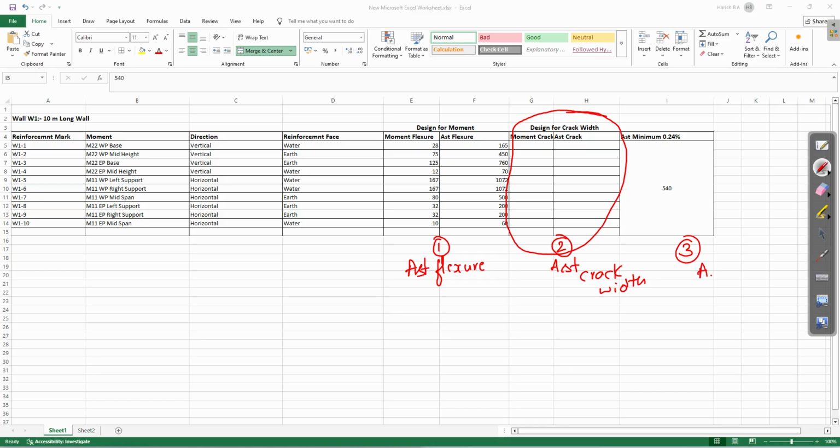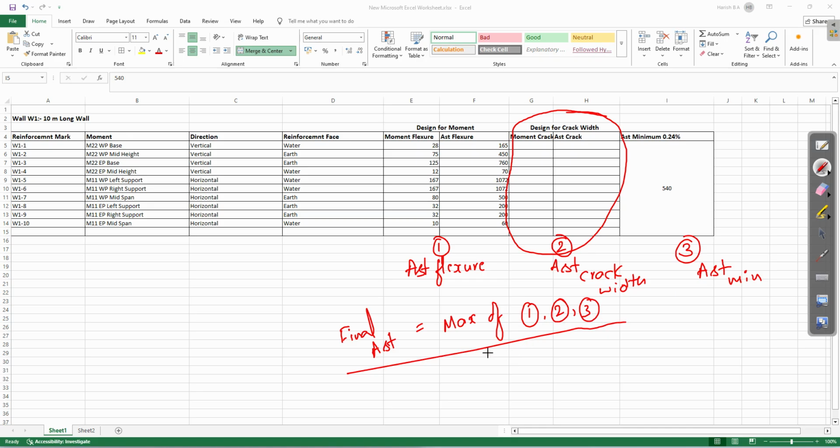Third one is AST minimum. So final AST we will be providing is the maximum of 1, 2, 3. So 1 is for AST for flexure, 2 is for crack width, 3 is AST minimum.